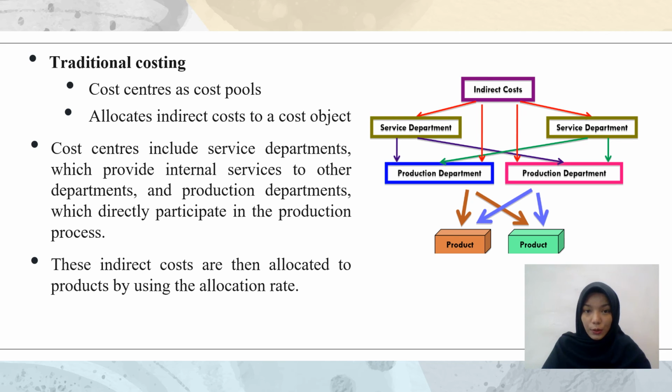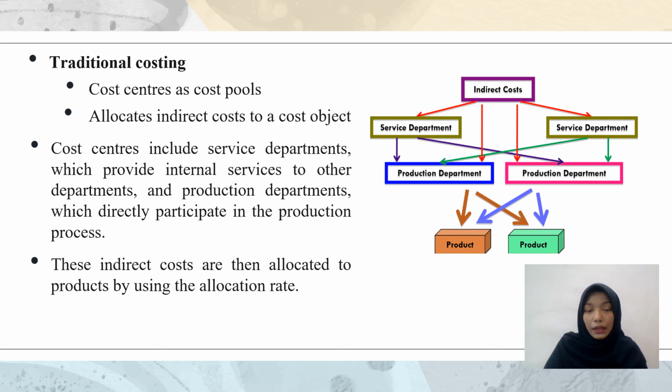In the figure shown, indirect costs are first assigned to cost centers. Here, cost centers include service departments, which provide internal service to other departments, and production departments, which directly participate in the production process. The costs accumulated in service departments are then reallocated to production departments using the direct method, step-down method, or reciprocal method.